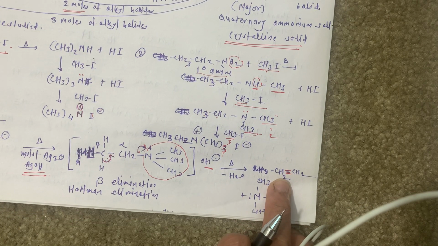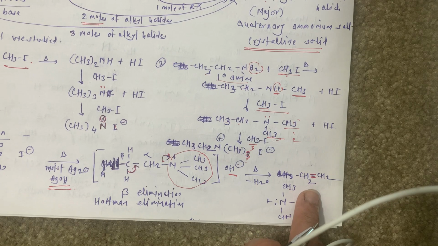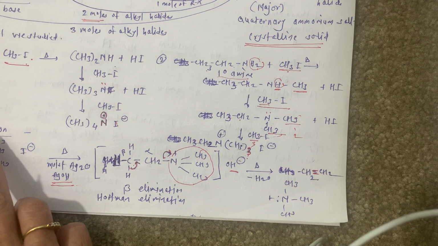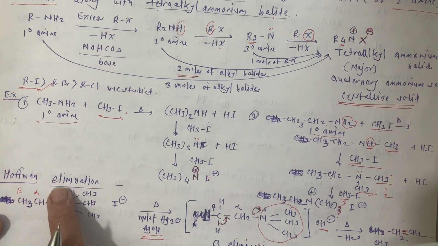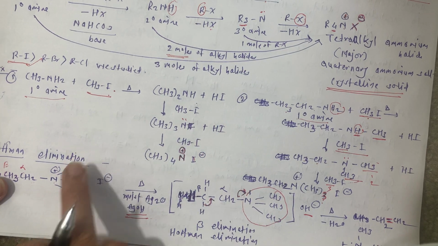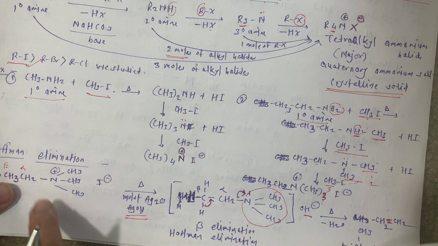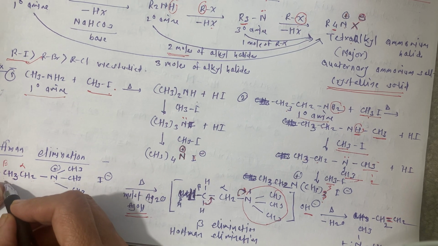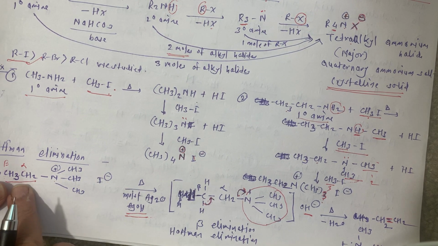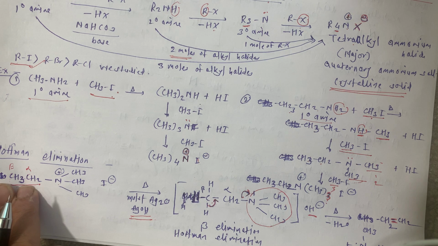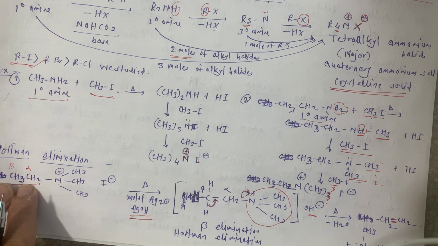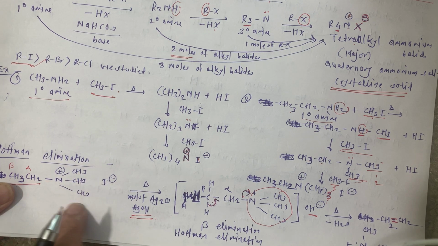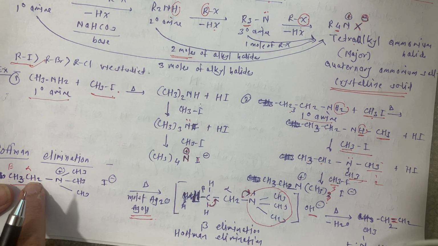So what you understood from this reaction is that in Hofmann's elimination reaction, if the groups are different, then elimination takes place from the comparatively bigger group. These 3 are CH3, so this is CH3 CH2.